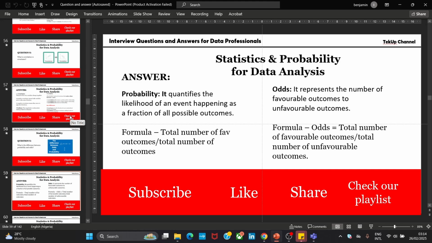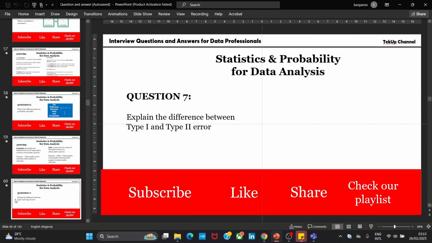Odds represents the number of favorable outcomes as against the number of unfavorable outcomes. Odds can be calculated using the formula: the total number of favorable outcomes divided by the total number of unfavorable outcomes.